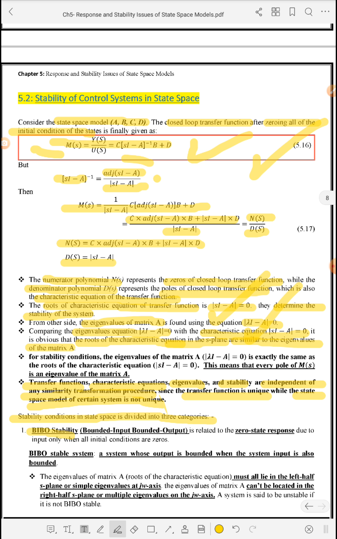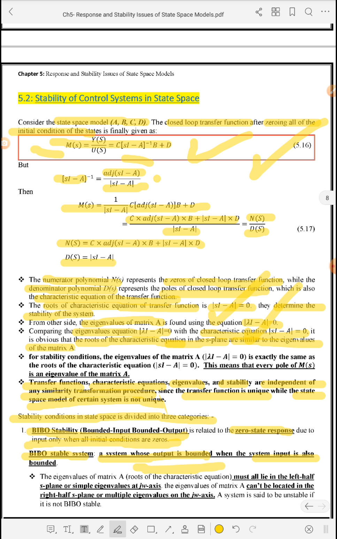So BIBO stability, bounded input, bounded output, is related to the zero state response, when all initial conditions are set to 0. A BIBO stable system is a system that, if we excite it with a bounded input, its output should also be bounded.